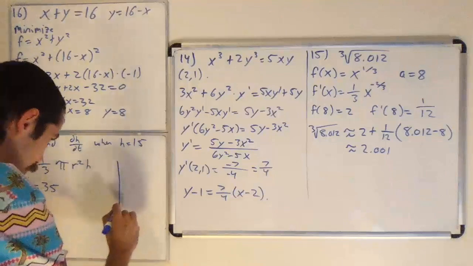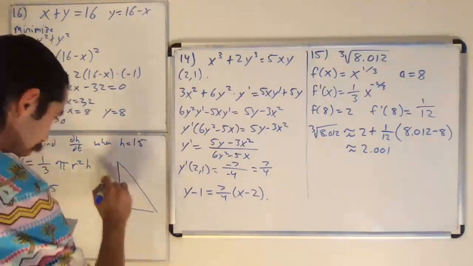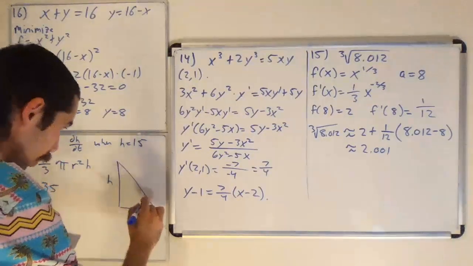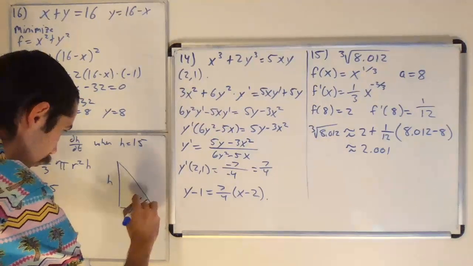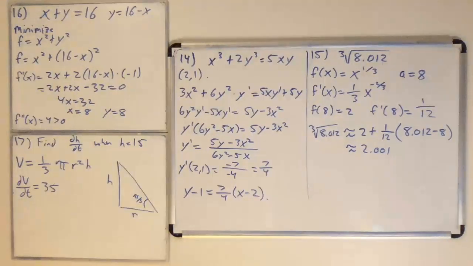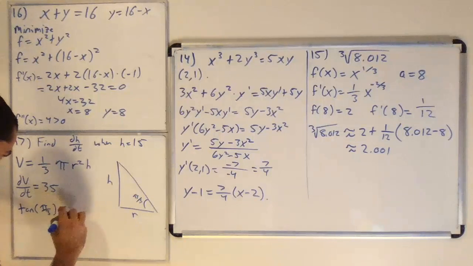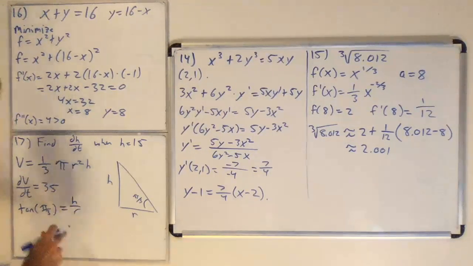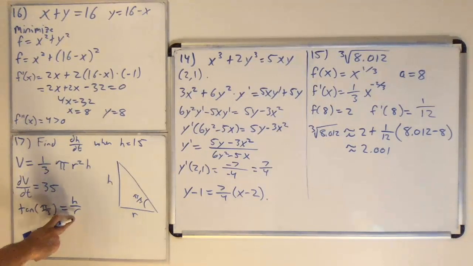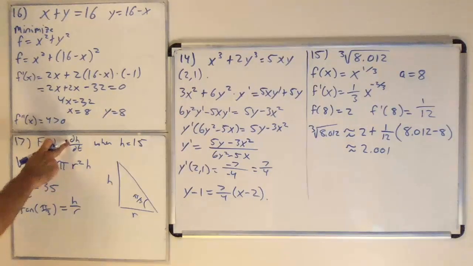Okay, so here we have h, we have r. This angle here is pi over 3. So the tangent of pi over 3 is opposite over adjacent, h over r. And let's solve for r because we want to find the derivative of h, right?